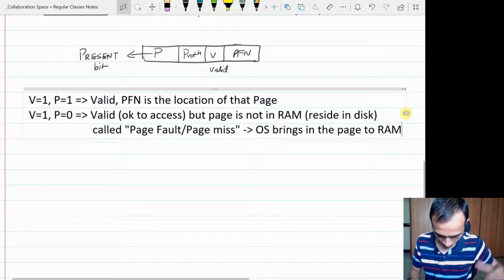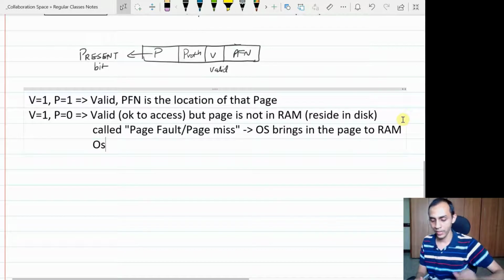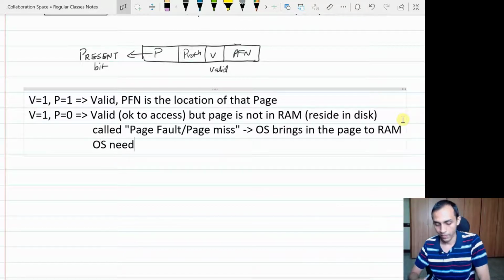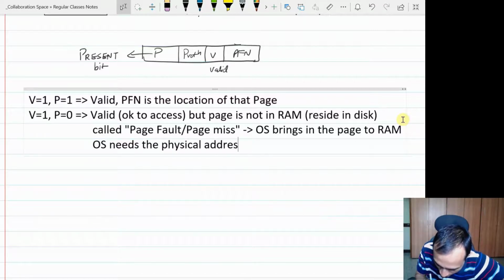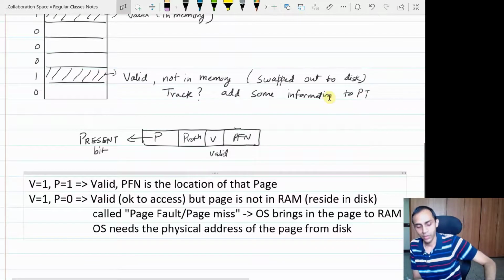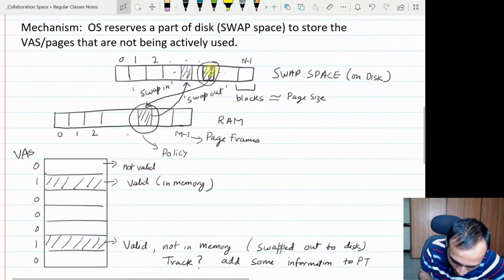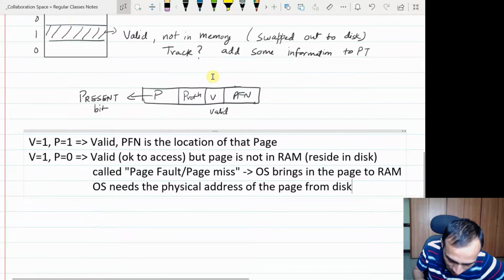So how will the OS know the address of that page on the disk? The OS needs to know the physical address of the page on disk also, because it has to go to the swap space and find which page it is trying to access. There are different possible ways the OS can store this.